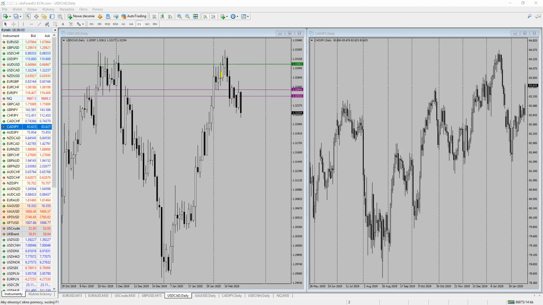Okay. Looking at what we got. Not big price action going on currently on the CAD post data. 2.4 CPI versus 2.3 expected.